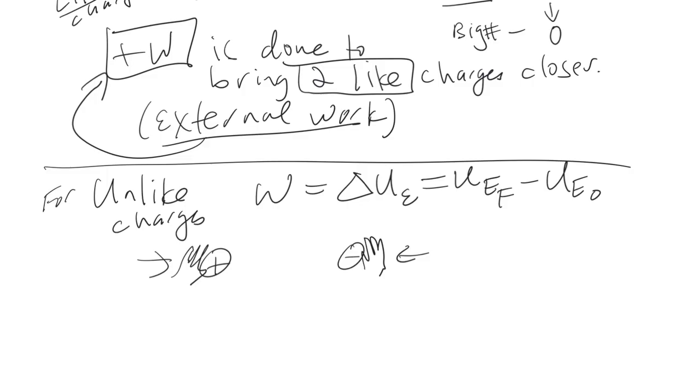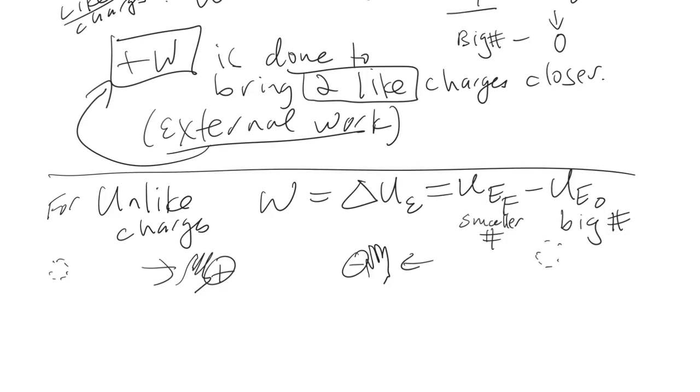So why is that? Well, if I bring them from very far away to closer, when they were far away originally, unlike charges have more. Whereas if I brought them really, really close together, this would be a small number. If they're touching, it'd be 0. But if I brought them closer together, like my picture is showing, this would be a smaller number. So you can see that in this case, the work is going to be a small number minus a big number. It's going to be negative.